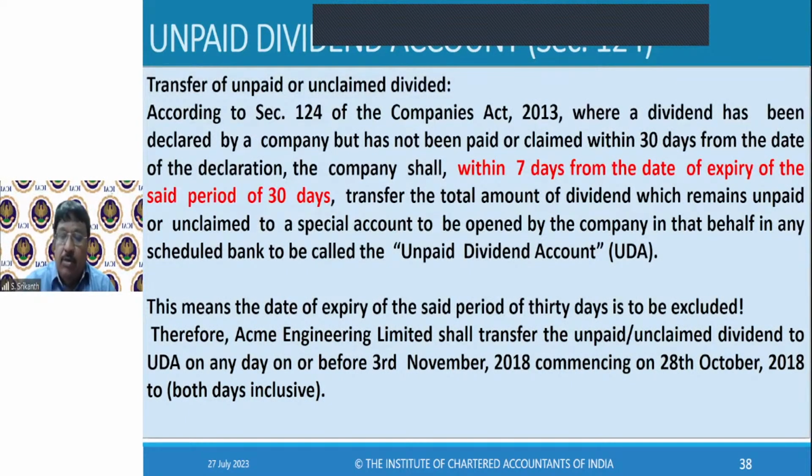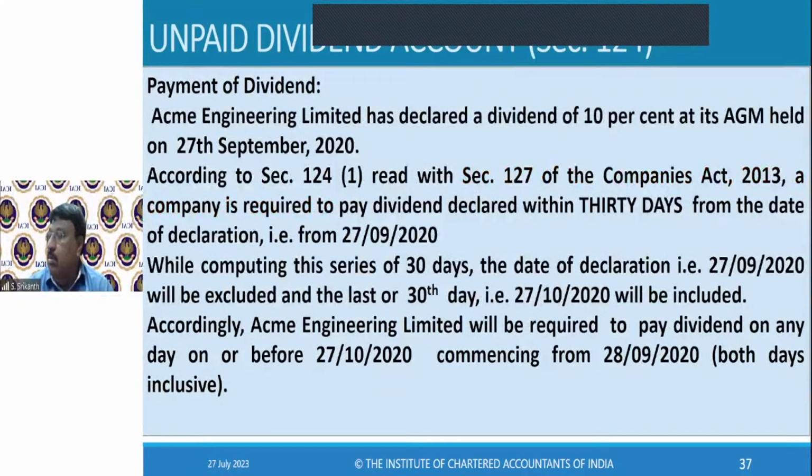Am I correct? Sorry. 28th October is the 30th day? No. 27 days of October. Madam, how will it be 28th? Madam, 28, 29, 30. Madam, 27 is the date of declaration.